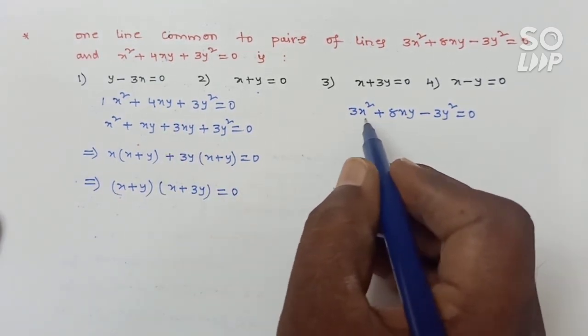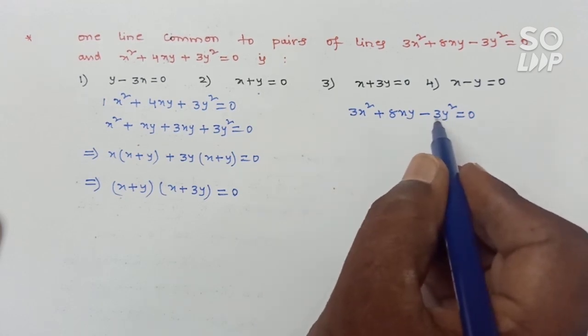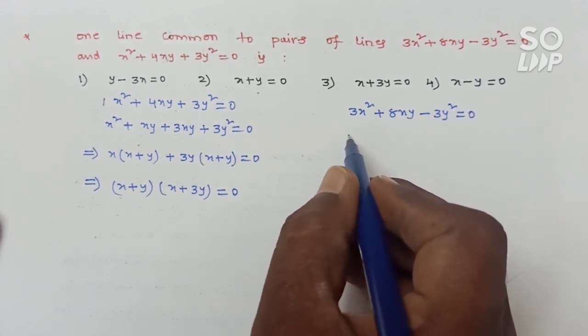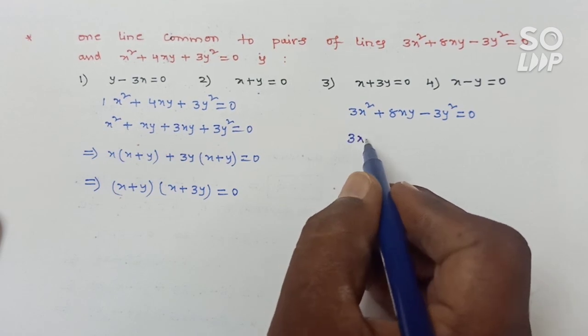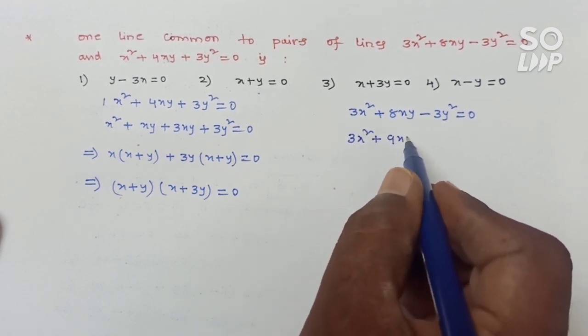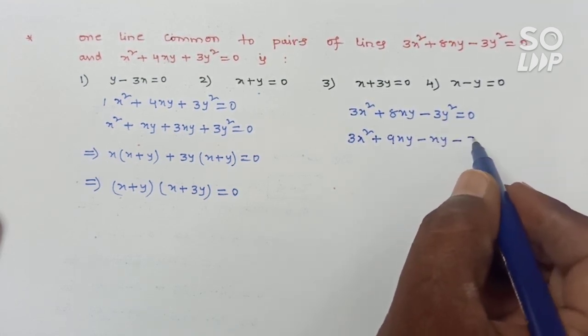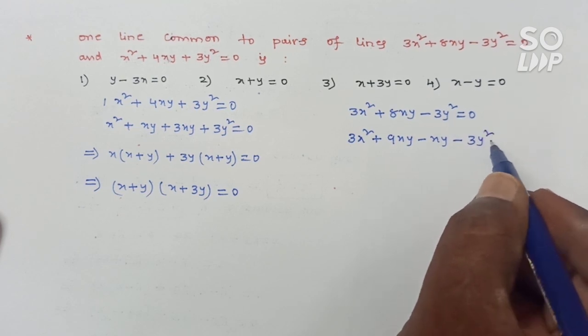And the second one, what are the factors of this one? 3 into minus 3 is minus 9. So this one you can write as 3x square plus 9xy minus xy minus 3y square is equal to 0.